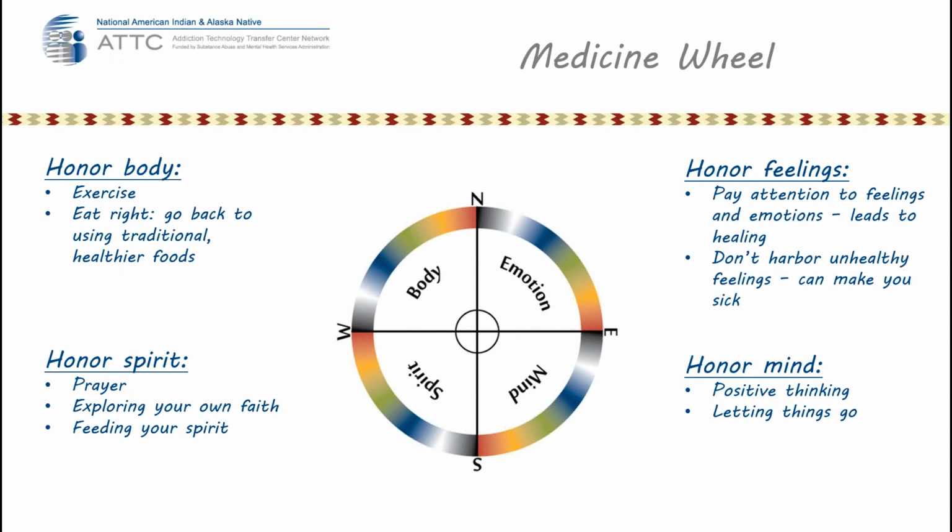It was my hope that they would pick the colors they would like on there themselves. I'm trying to be a little bit more politically correct here. A lot of that has more to do with different parts of oneself, even though they're really all together. So the body is remembering to honor yourself and to eat right and get exercise.